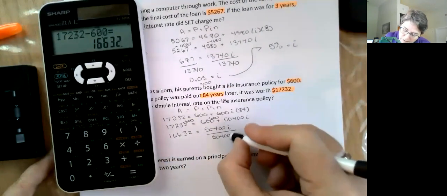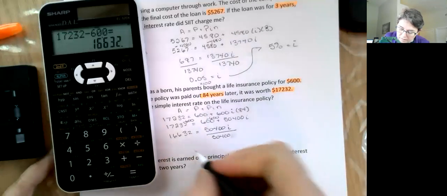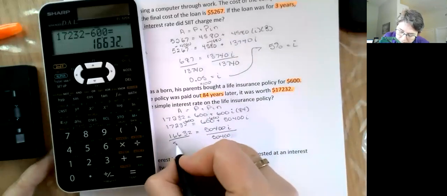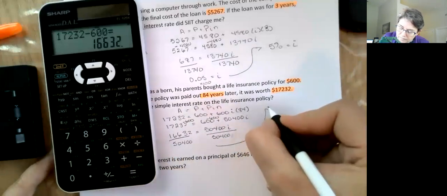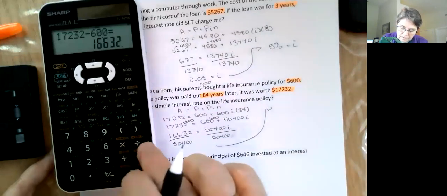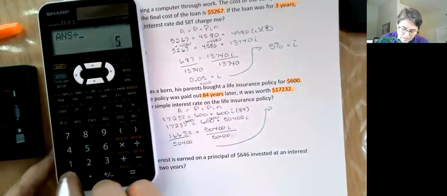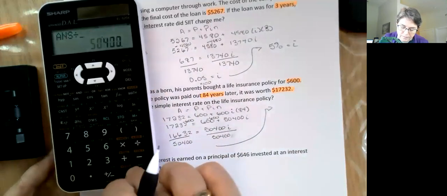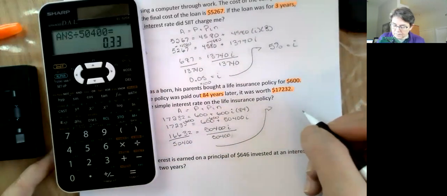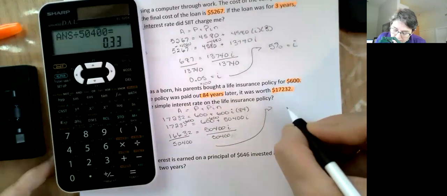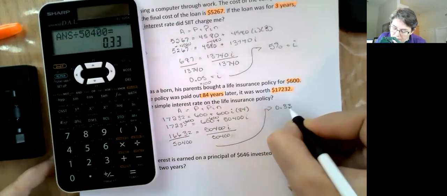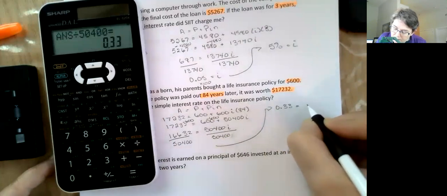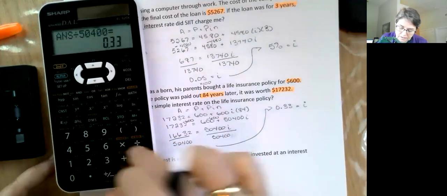Oh, don't divide that variable. That'd be a bad idea. 0.33 is equal to I times 100.